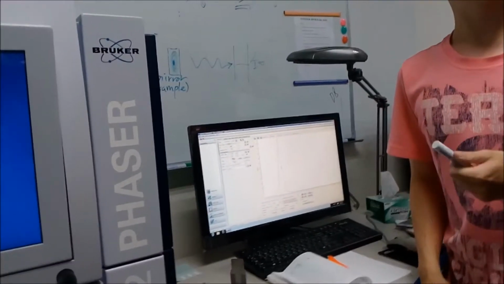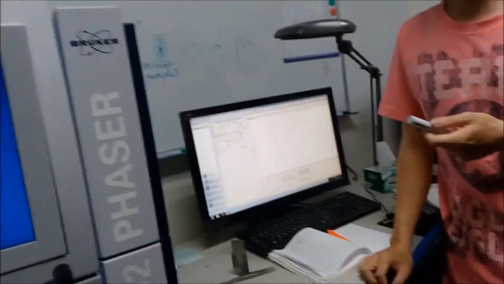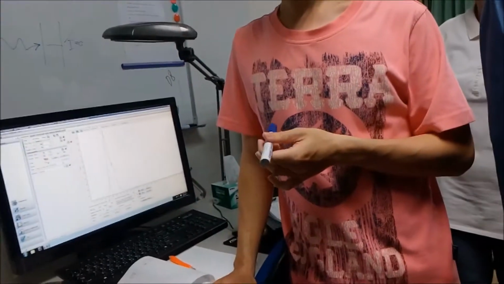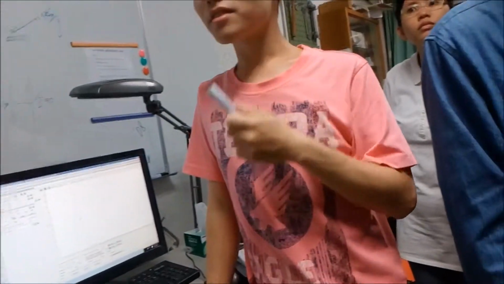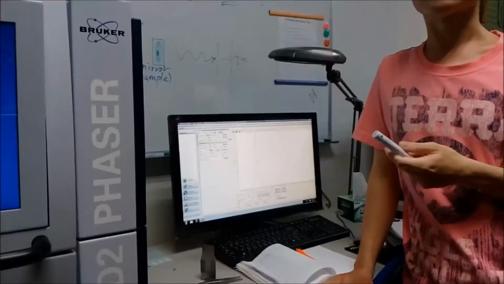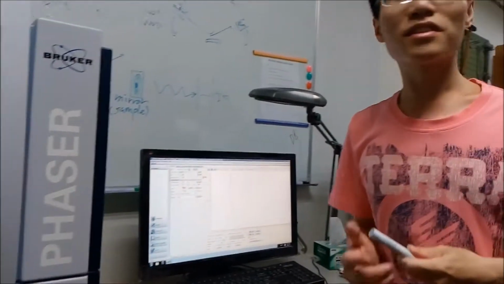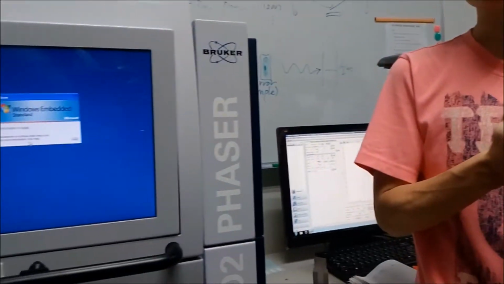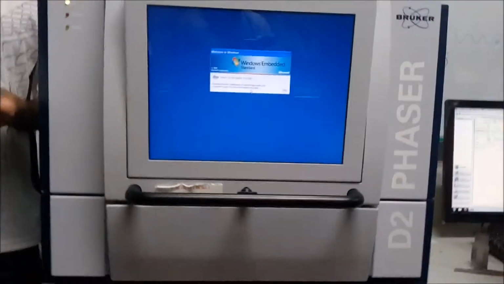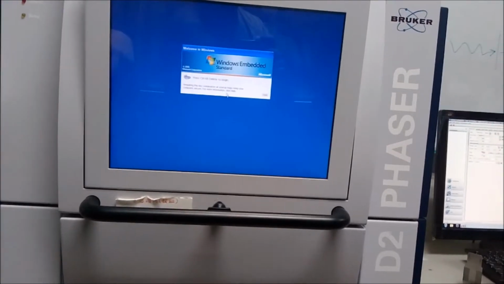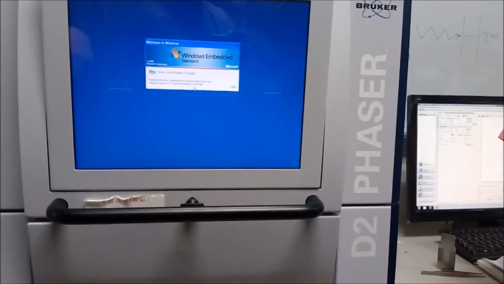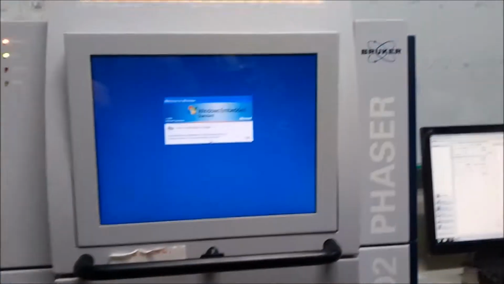On the opposite side is my X-ray machine, but I won't explain that to you now. You can just have a look. This special machine is from Germany, for in situ X-ray. I taught you already a little bit about in situ X-ray, but please focus on this machine now.